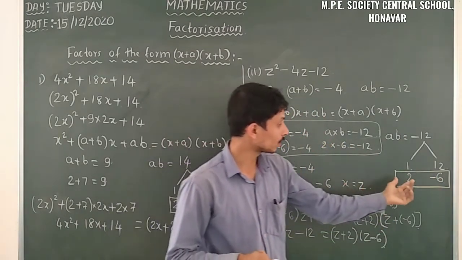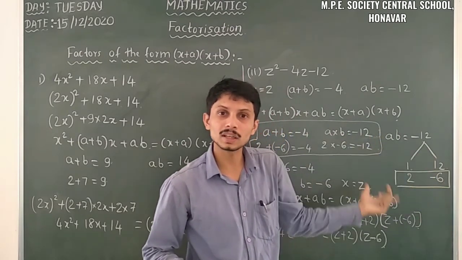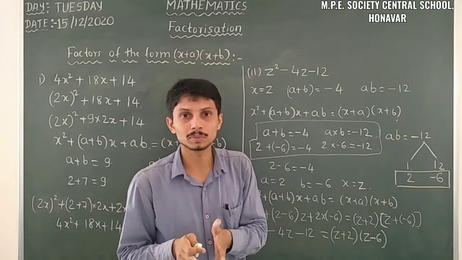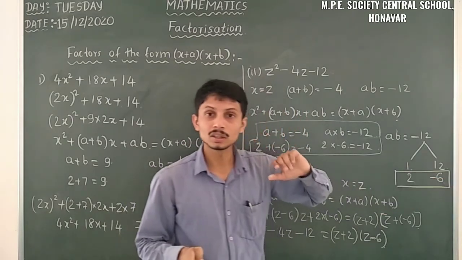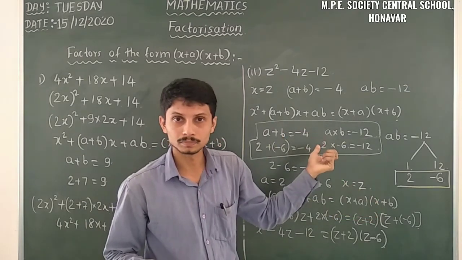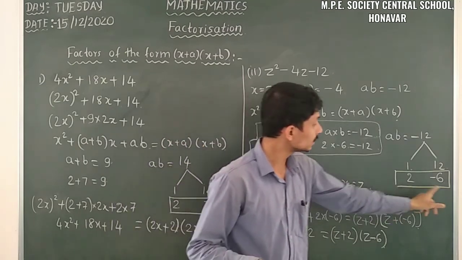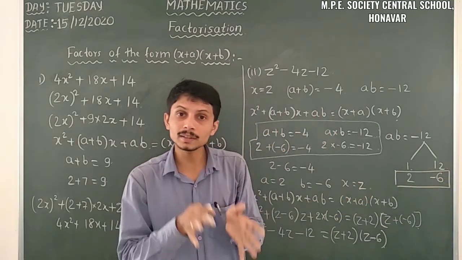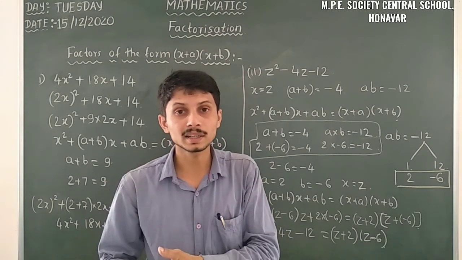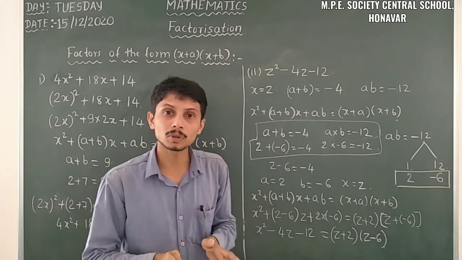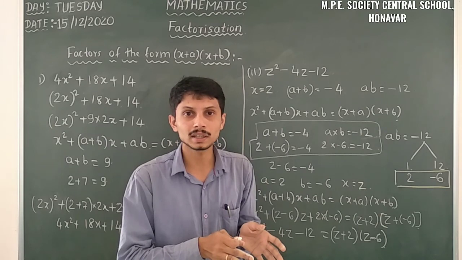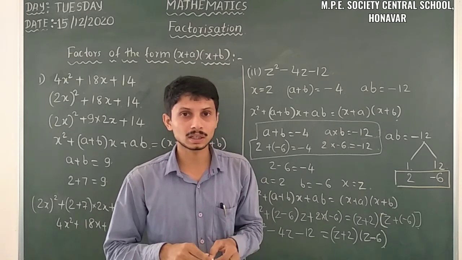So when you take the difference or the addition, at least one of the operations between these two values must give the a plus b value. Then you can decide this is the possible answer. But after that we have to decide which value we take as negative and which value as positive. Either both values can be positive or both can be negative. So we have to check.